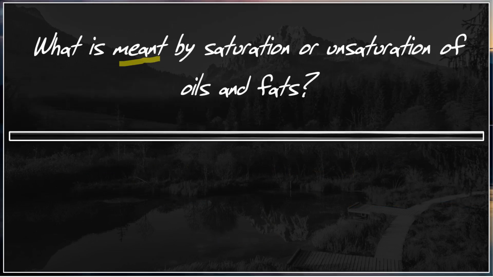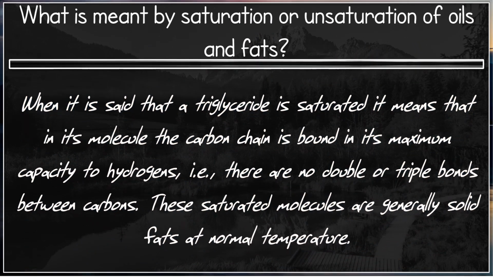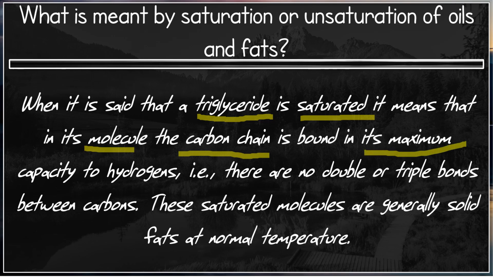What is meant by saturation or unsaturation of oils and fats? When it is said that a triglyceride is saturated, it means that its molecule, the carbon chain, is bound to its maximum capacity of hydrogens.